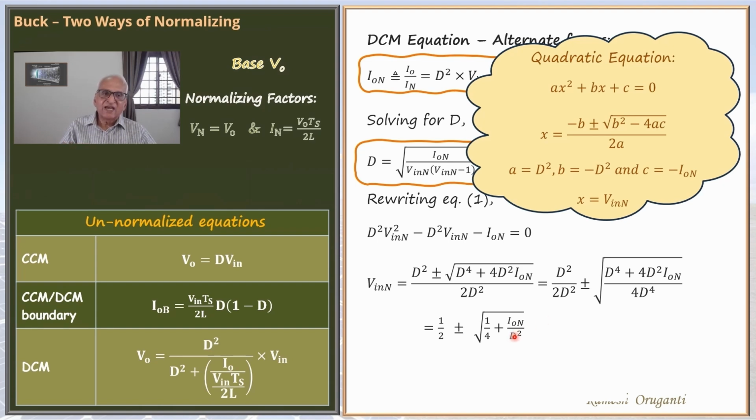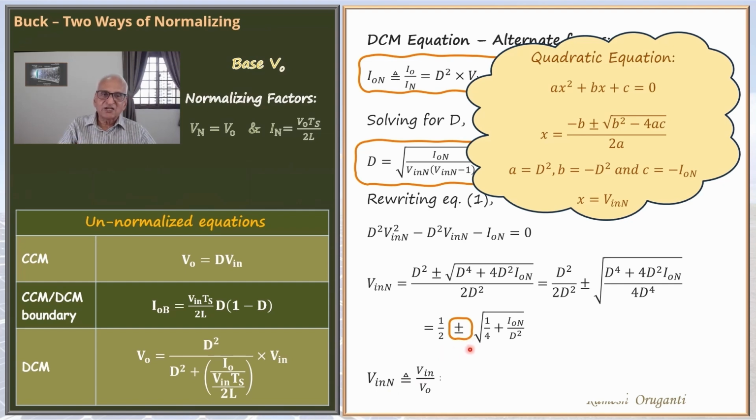Notice that I have this plus or minus sign here. Vinn is Vin divided by VO. VO is always less than Vin. It's a buck converter. So Vinn will always be more than 1. We are not going to achieve it by taking the minus sign.